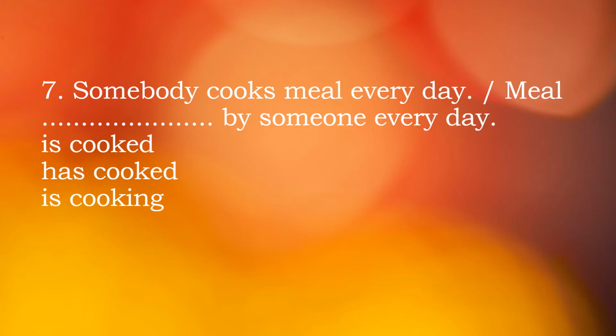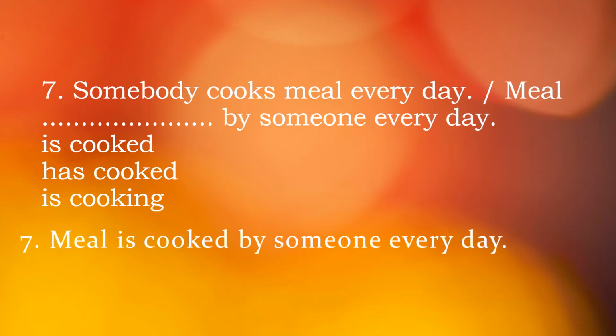And is cooking, if it is not continuous, there is no point taking the third option, so the first option would be there. So meal is cooked by someone every day. So I repeat, somebody cooks meal every day. So the answer would be meal is cooked by someone every day. Let's check the answer. Yes, meal is cooked by someone every day. Are you getting? Hopefully you got it.